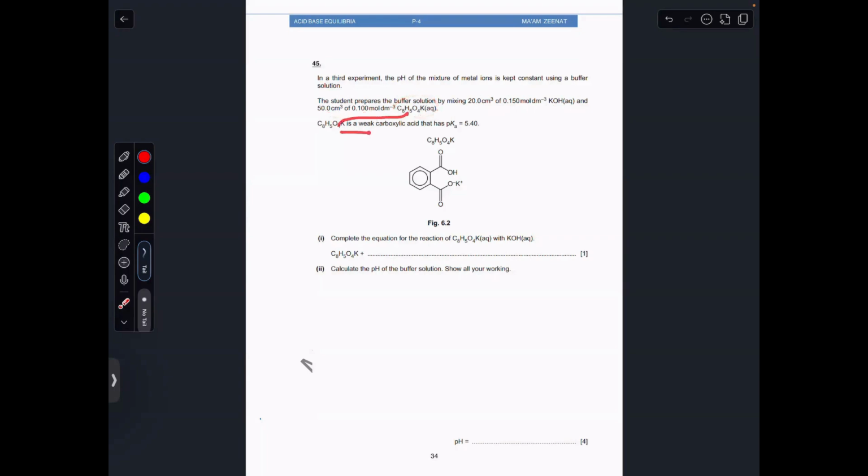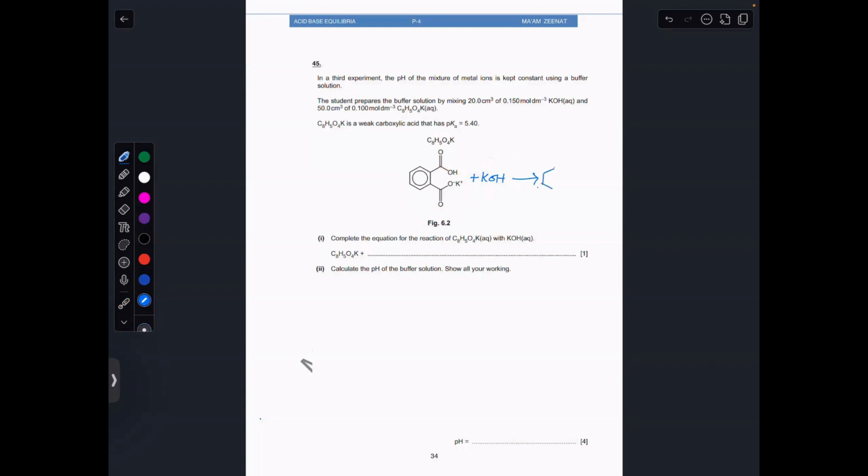And this is a weak acid with a pKa value. So this is your weak acid. The buffer is prepared by reacting this much KOH with this. So are they reacting KOH with this? Of course. Is this thing containing an acid group? Yes. It's going to react.